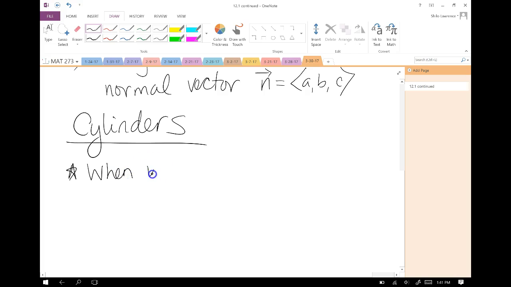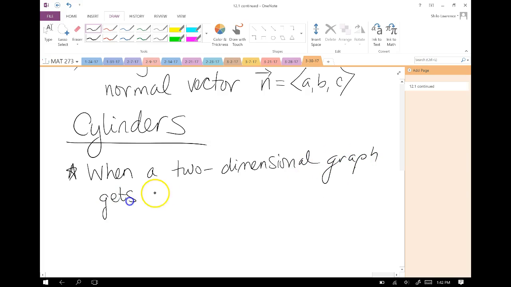So this is when a two-dimensional graph gets repeated along the third axis to create a surface.